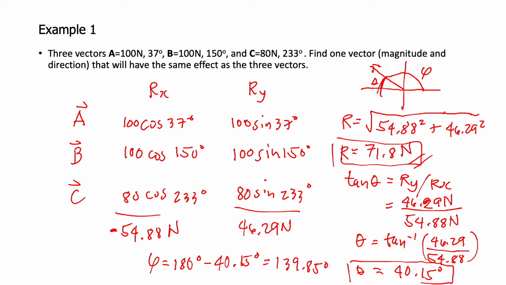Therefore, our final answer is R equal to 71.8 newtons at 139.85 degrees. So this will be our final or resultant force. We have to put an arrow at the top since it's already a vector quantity.